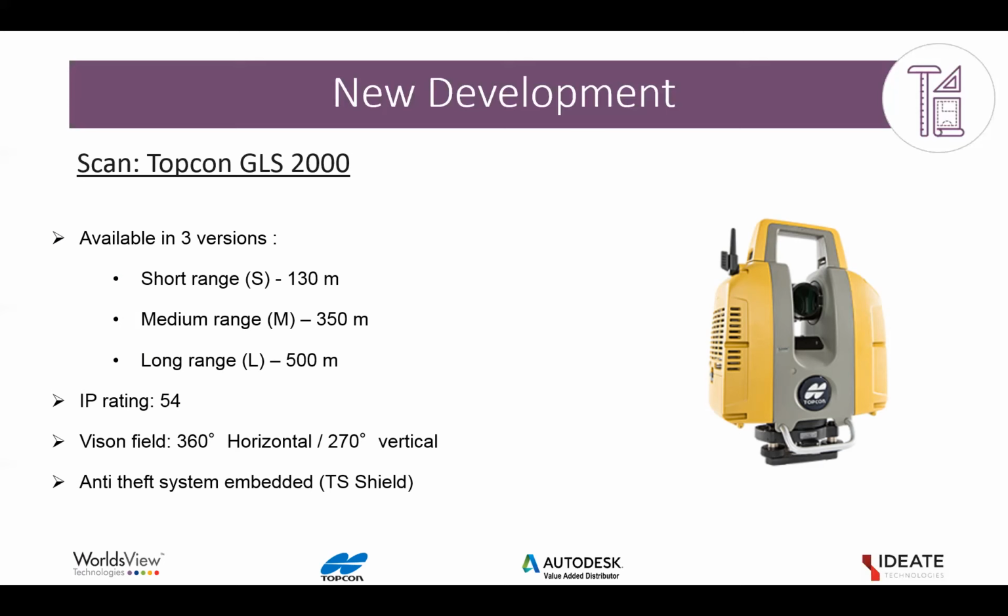And there are also a lot of other really interesting features on the GLS 2000. One is a technology embedded in this laser scanner that reduces noise, which is an important factor to compare between all laser scanners. Also, it offers multiple laser pulses.